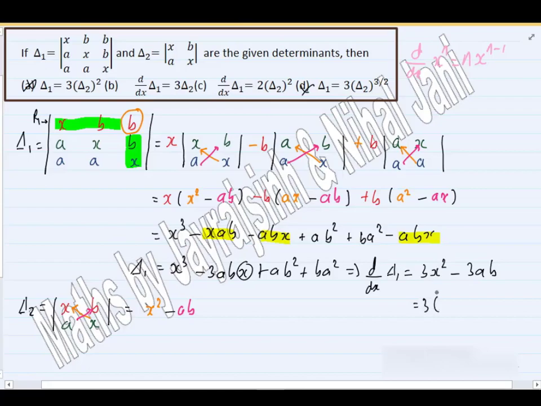If we take 3 common we will get x square minus ab, which is our delta 2, right? So here we get d by dx of delta 1 is 3 times delta 2. Option B is the correct one.